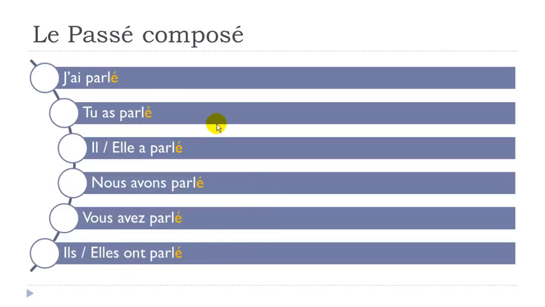So if you look at it, it's not that difficult, you know. As I said, the only thing you should really remember first is the verb avoir, but I assume that at this level now, it should be okay for you. And then after that, you construct it and put this participe passé form. For the regular verbs like parler, it's quite easy, and phonetically it's the same. So j'ai parlé. Okay?